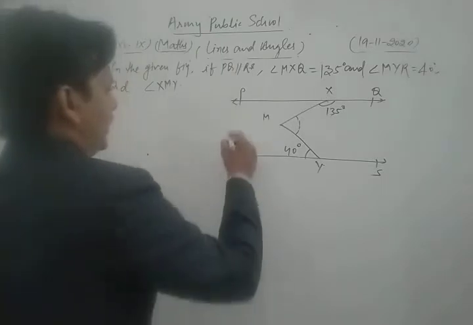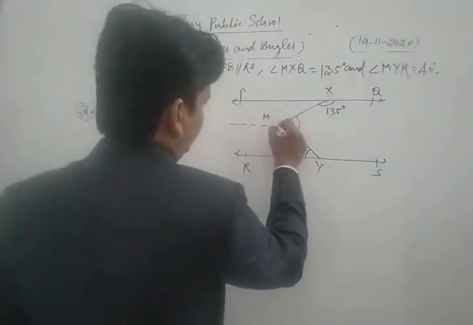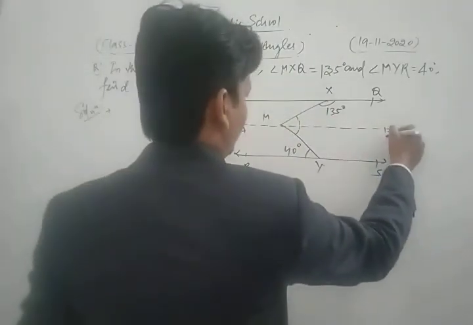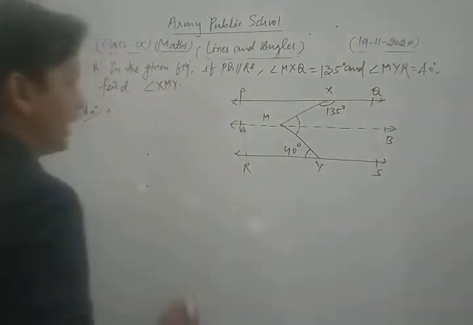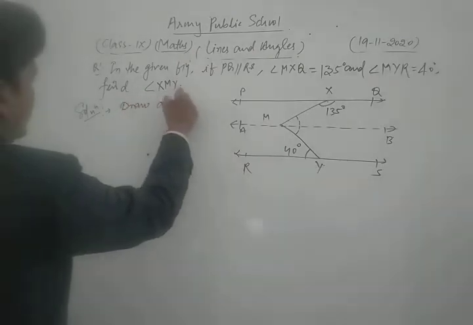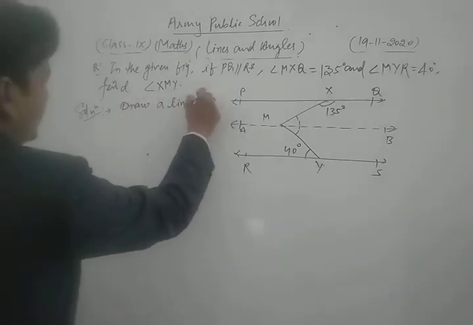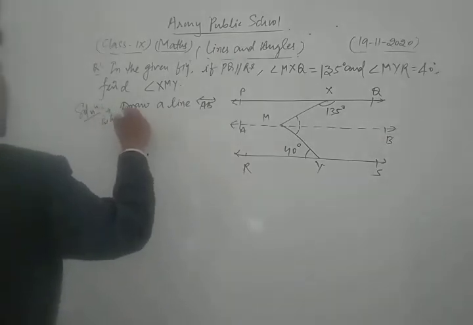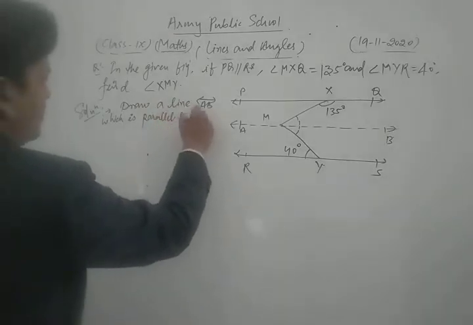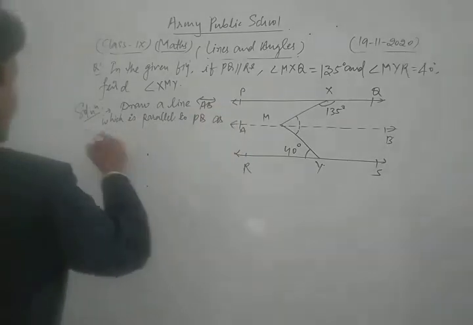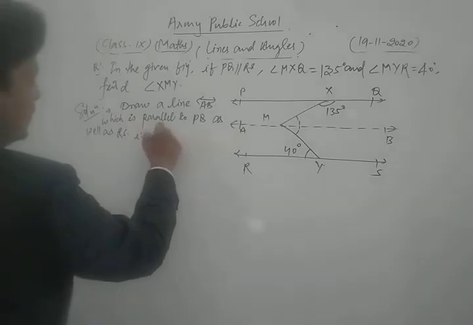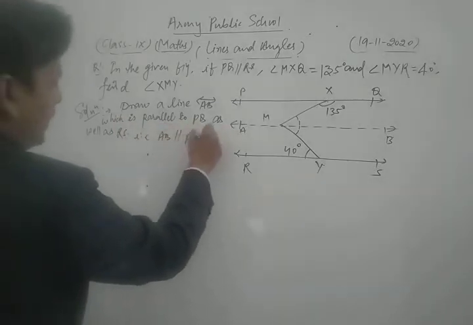First of all, suppose that we draw a line AB, which is parallel to PQ as well as parallel to RS. That is, AB is parallel to PQ and parallel to RS.